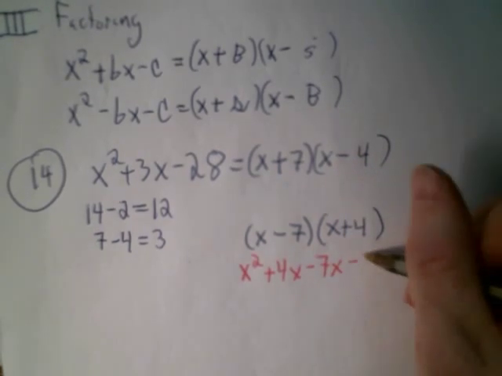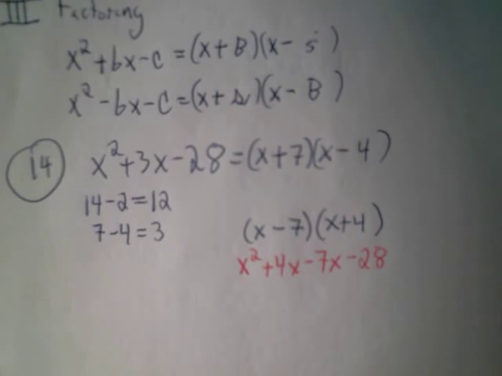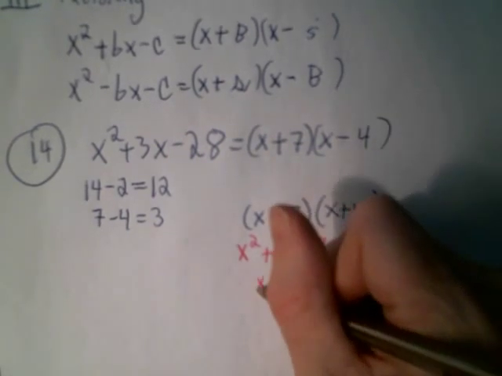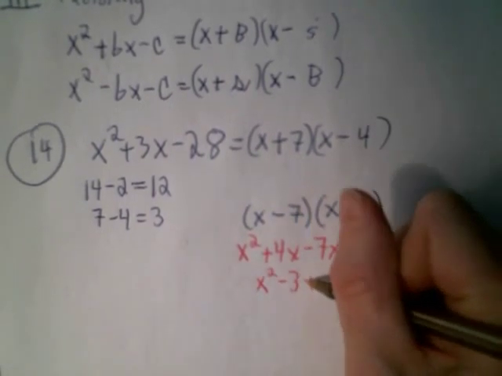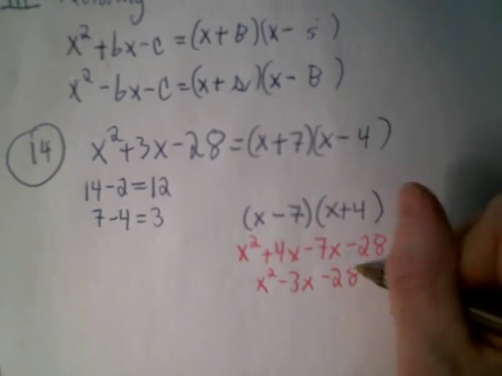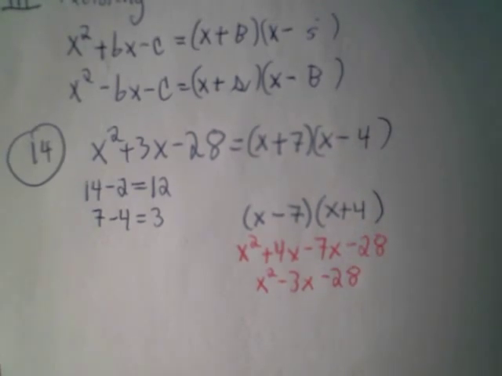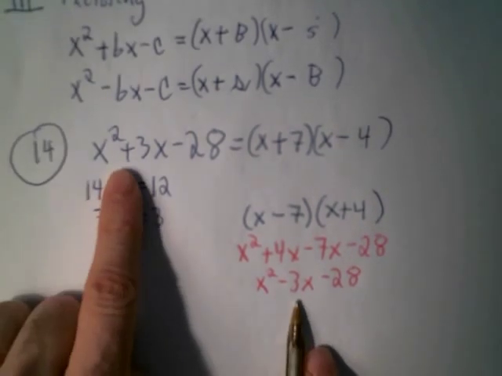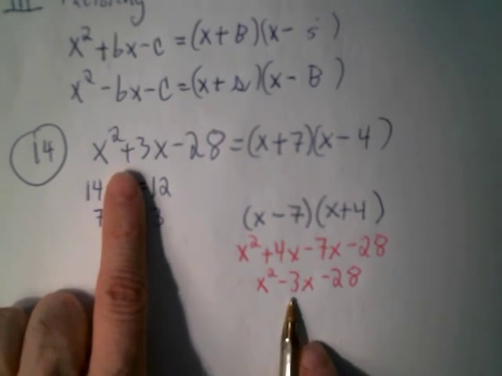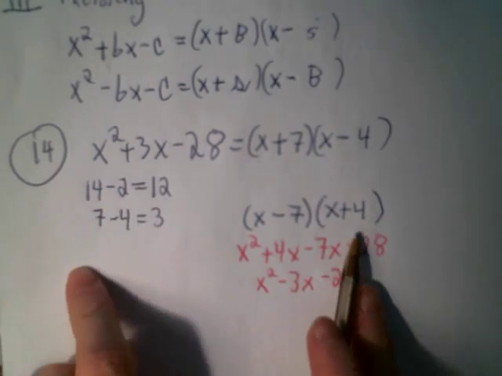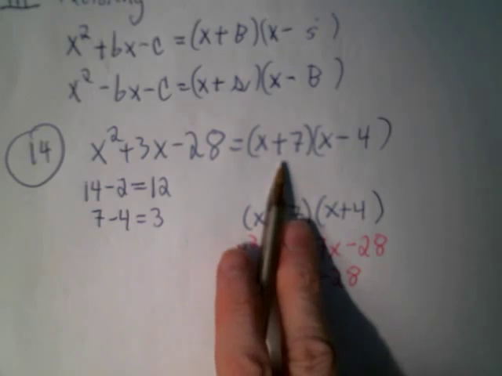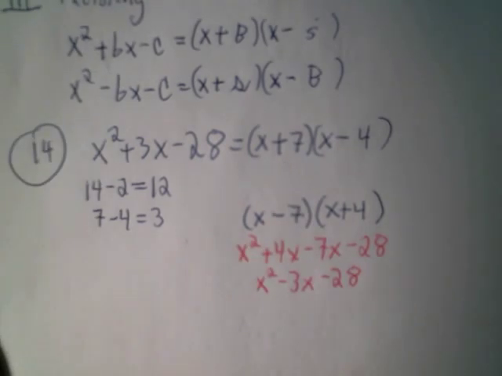And then the last is minus 28. That would give me x squared minus 3x minus 28. Right? And that's not good, right? We want the plus. So in this circumstance, you can literally just flip-flop the signs and you'll have the right answer. But let's make sure.